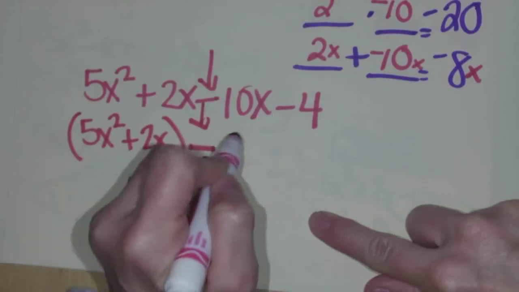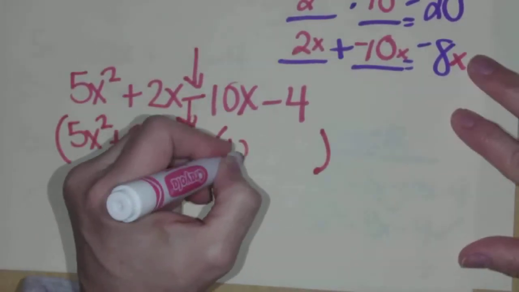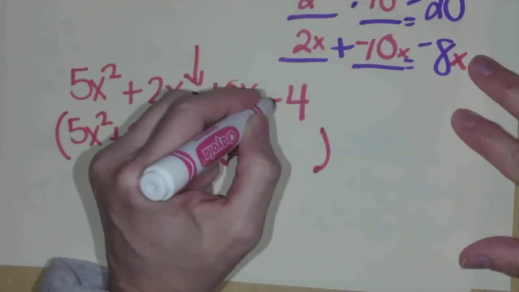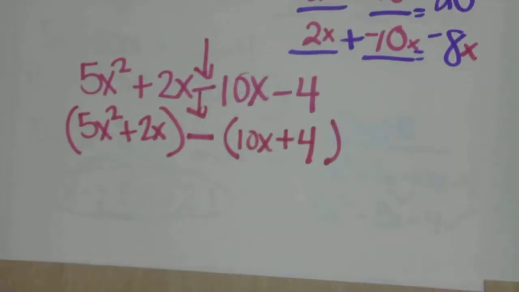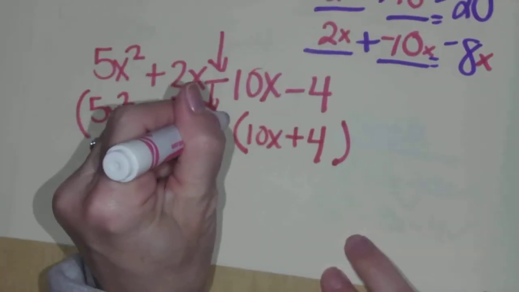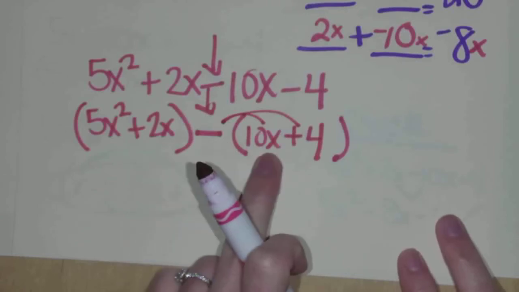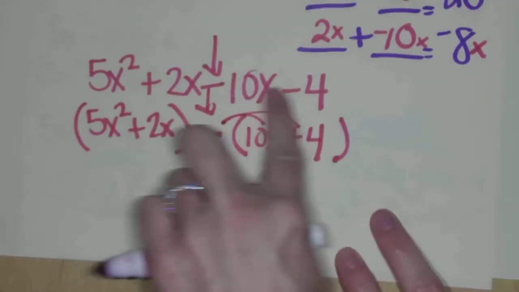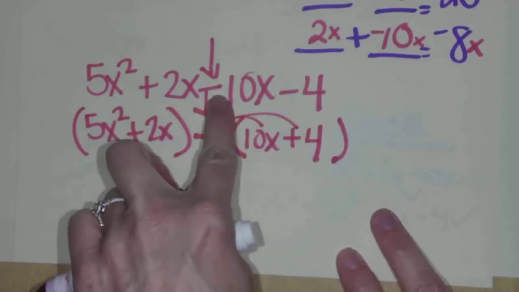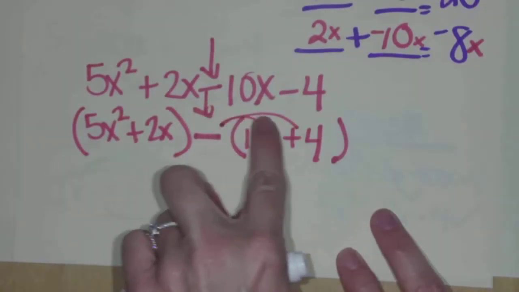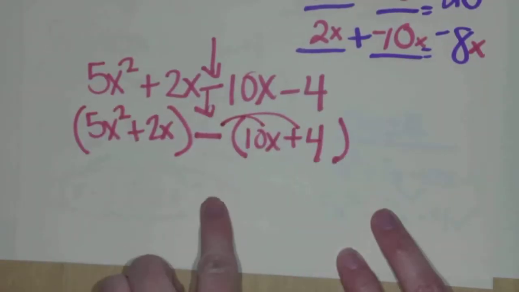Bring down the minus, but when you group the second half, you have to change this final sign to the opposite. And the reason for that is when you redistribute this negative back to this quantity, you want to get back to here. So negative times positive is negative 10x. Negative times positive is negative 4. So just be aware of that.